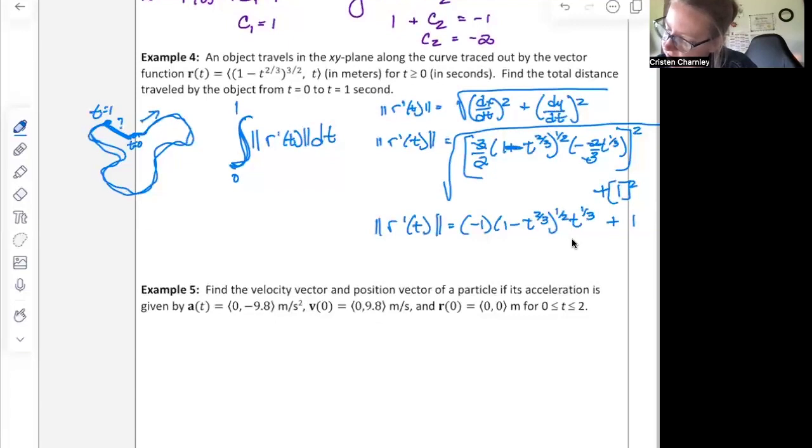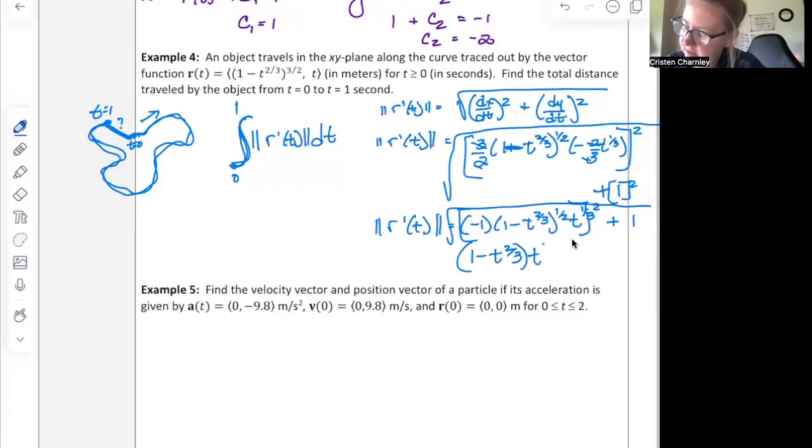Plus 1. This first piece is still squared inside the radical. Okay, so -1 squared is 1. (1 minus t to the 2/3) raised to the 1/2, squared, is just 1 minus t to the 2/3. And that t to the 1/3 on the end, if I square that, I can multiply those exponents. So this is t to the 2/3, plus 1.